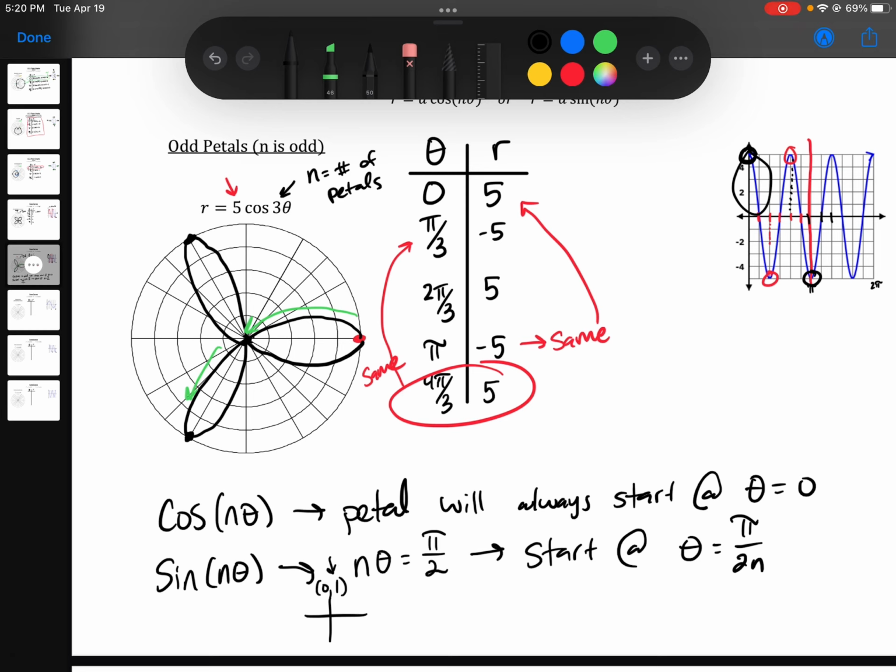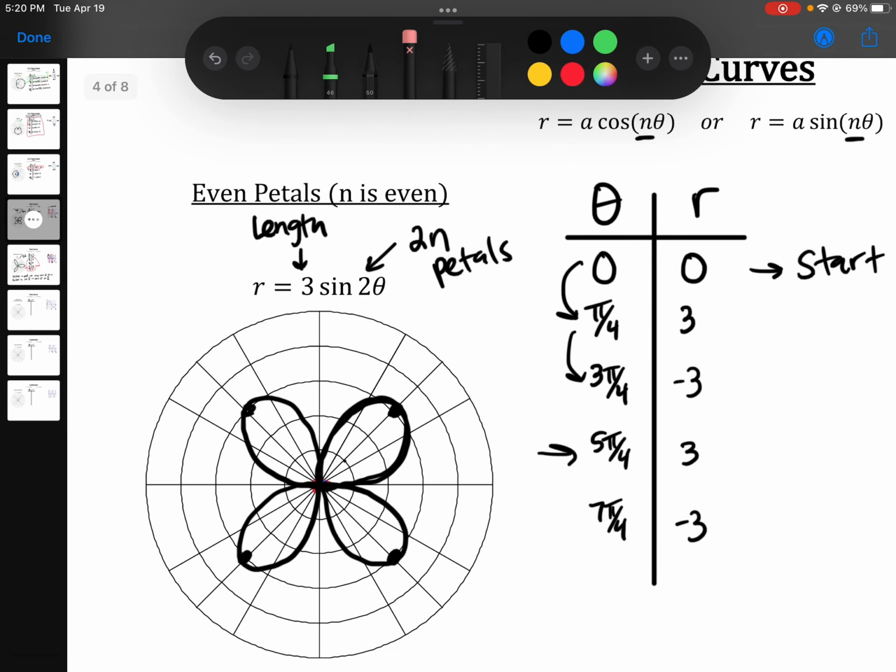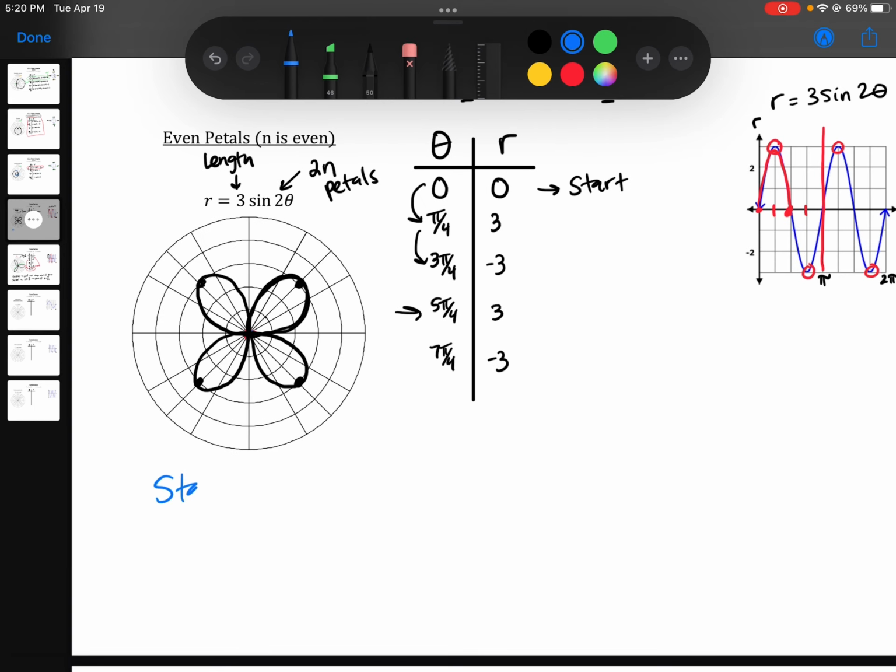And if you remember why 0 worked on the previous one, when I plugged in 0, you got cosine of 0, which is equal to 1. So we're trying to find the location where it maxes out on the unit circle, and that would be pi halves. So it'll always be pi over 2n. So if you go to that previous one, using that method, I knew this one starts at pi over 2 times 2, or pi over 4, because we were dealing with sine.